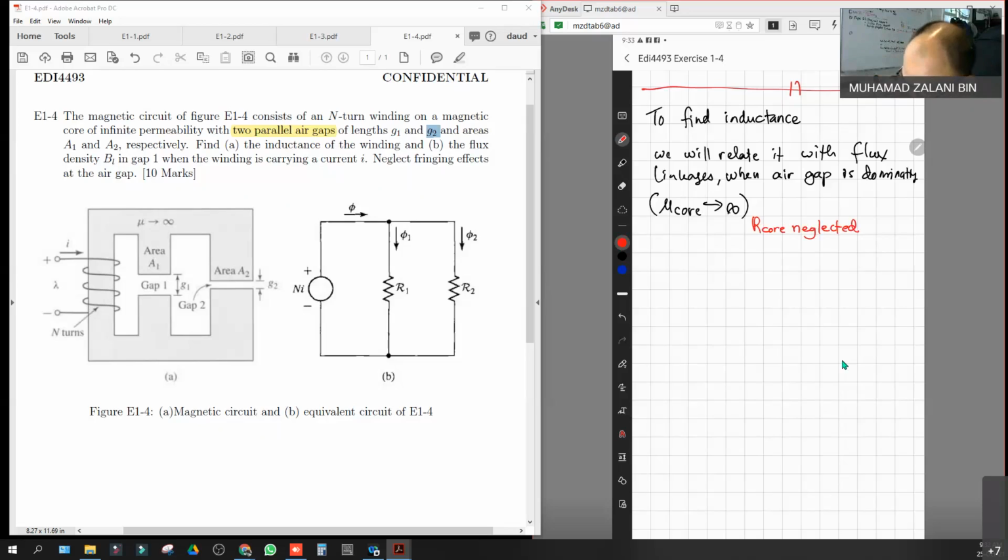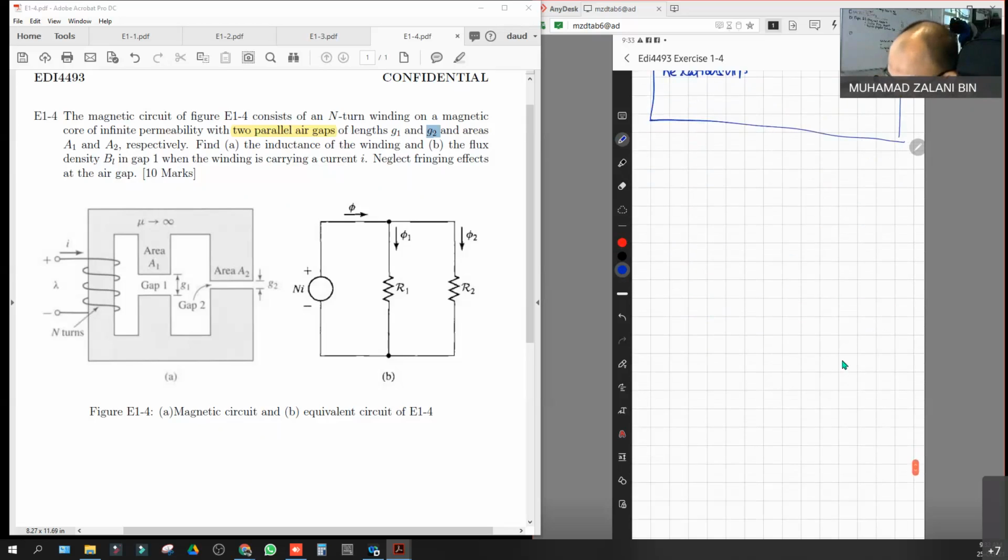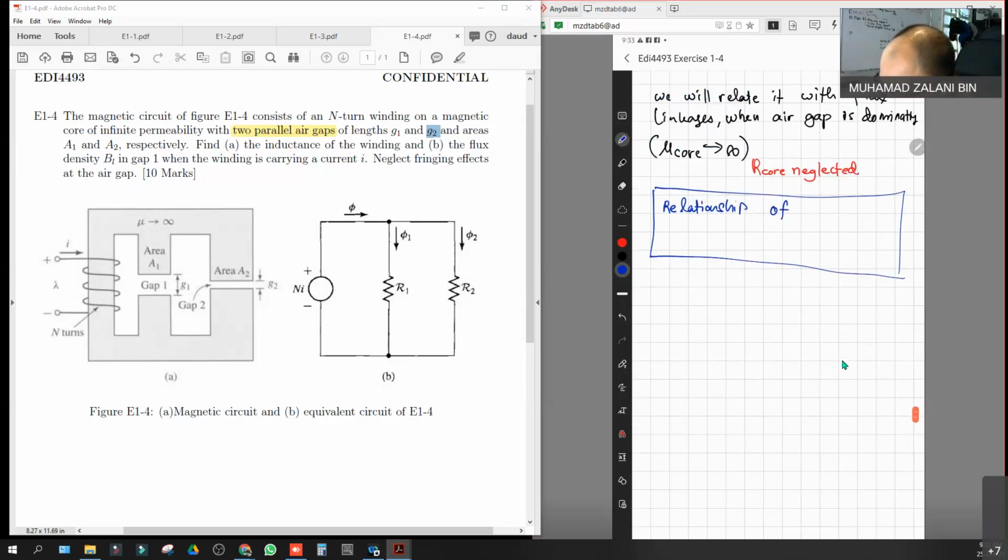So in this case, we can say that the relationship of phi and I will be linear.